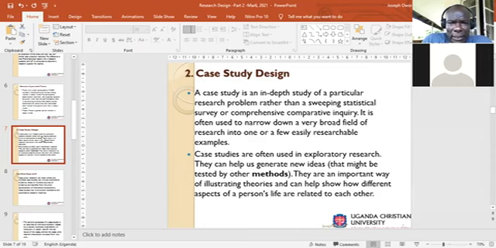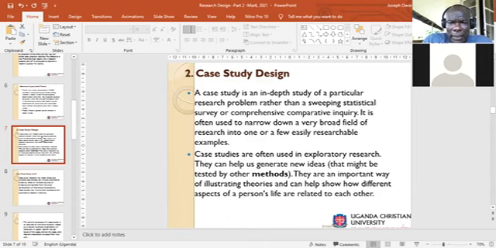Case studies are often used in exploratory research. They can help us generate new ideas that might be tested by other methods. They are an important way of illustrating theories and can help show how different aspects of a person's life are related to each other.